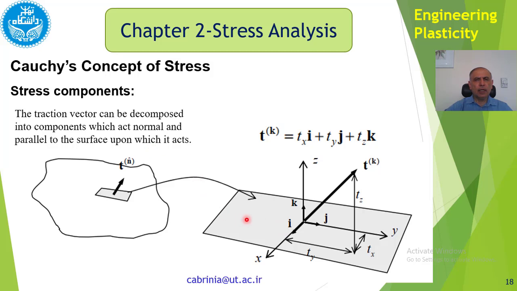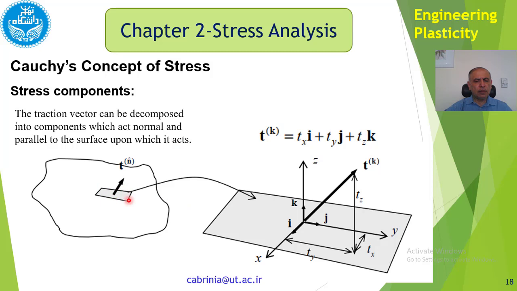Now, after defining the traction force and how we obtain it in the limit, we are going to define the components of stress and traction. Now the traction vector can be decomposed into components which act normal and parallel to the surface upon which it acts.